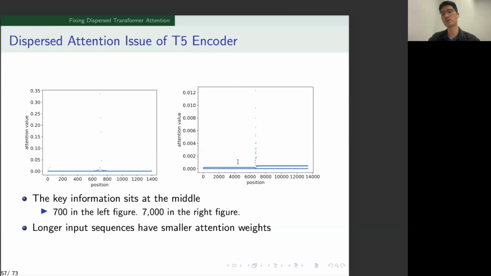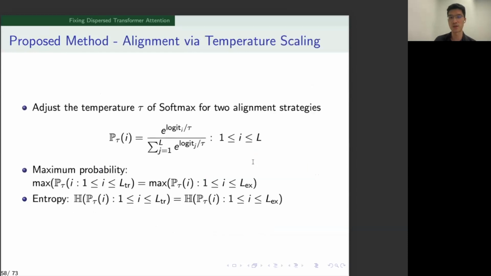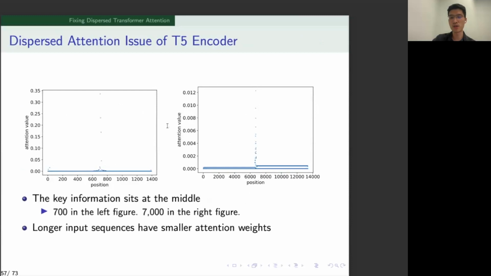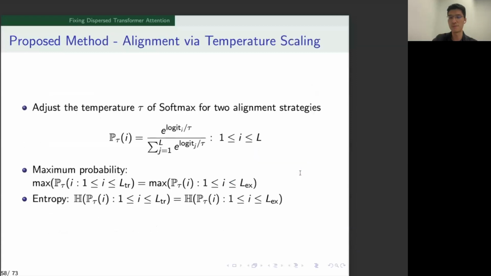So can we try to boost the attention value a little bit to align the distribution during the training and extrapolation stages? That's the proposed idea. We just adjust the temperature of softmax, so that once we adjust the temperature, we can scale the largest attention value here to make it as close as possible to the 0.35, even though the input is longer.